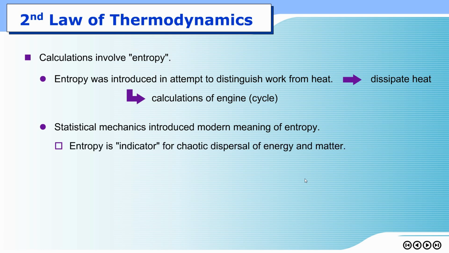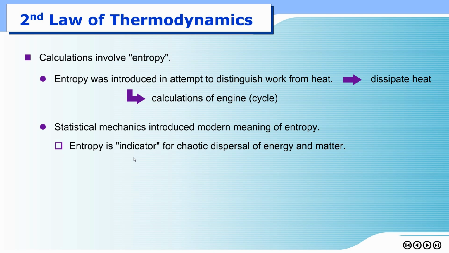Okay, and it was stated that entropy is an indicator for chaotic dispersal of energy and matter, and I would like to emphasize this word, indicator. You have to understand that entropy is not dispersal of energy or matter. It is just an indicator to state which system has higher chaotic dispersal of energy and matter than the others. Just imagine things like this, to make things a little bit easier to understand.